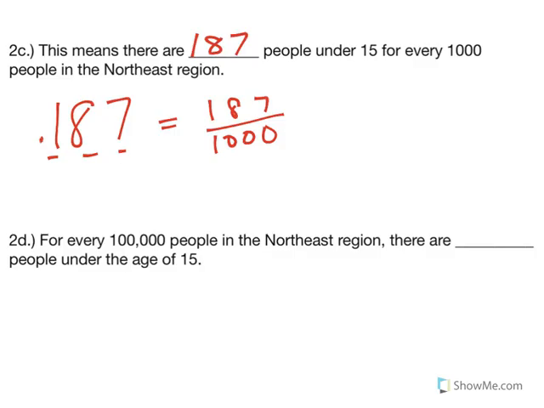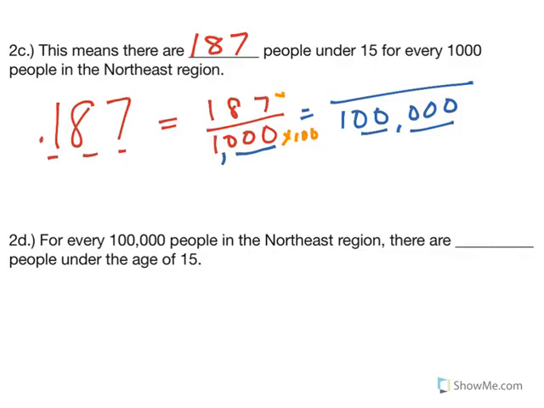Now, in letter 2D, it's a little bit different. For every 100,000 people. Okay, well, I'm going to go back up to this ratio for a second. If we want this to be 100,000, well, think about this. This right now has 3 zeros. This one has 5. So we would need to multiply by 100, right, because that would add 2 more zeros.